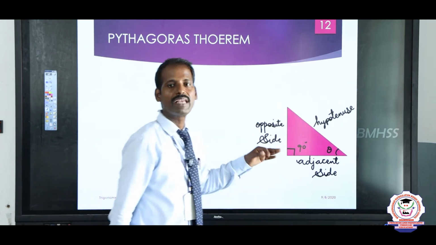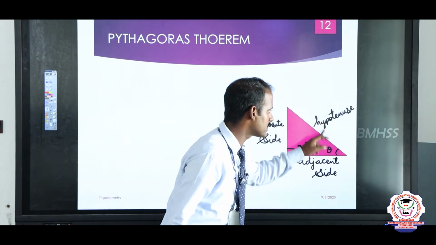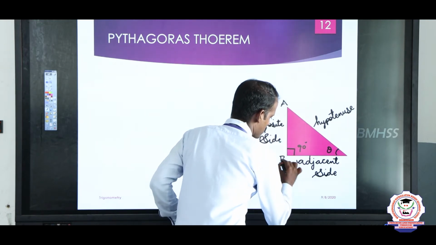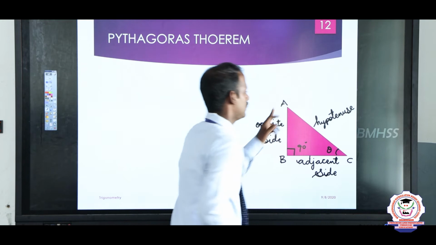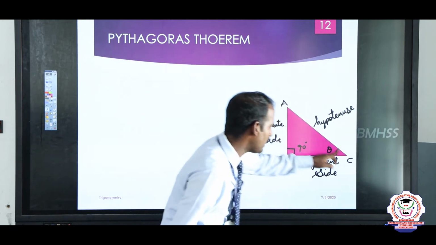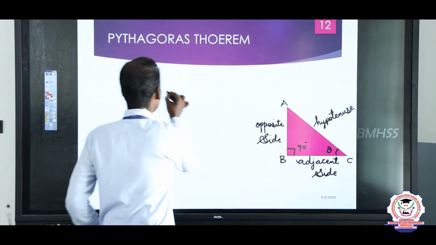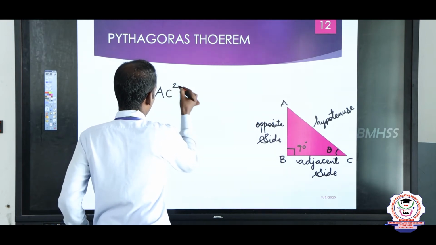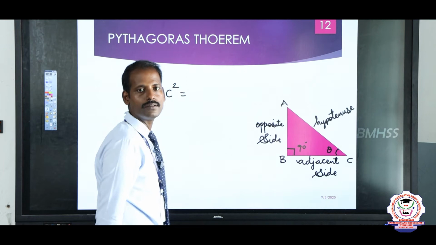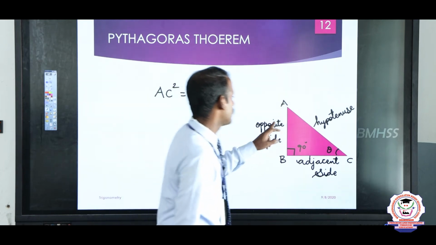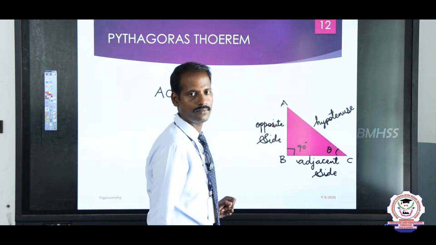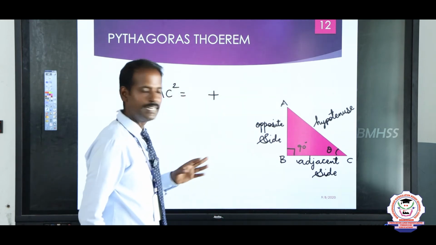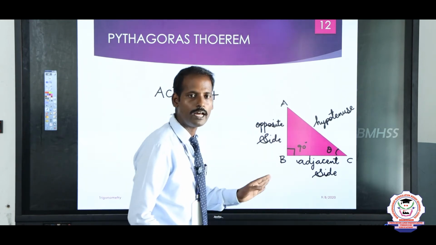So here the square of the hypotenuse, I will label the triangle A, B, C, so the hypotenuse is AC. The square of the hypotenuse is AC square. AC square is equal to the sum of the squares of the other two sides.